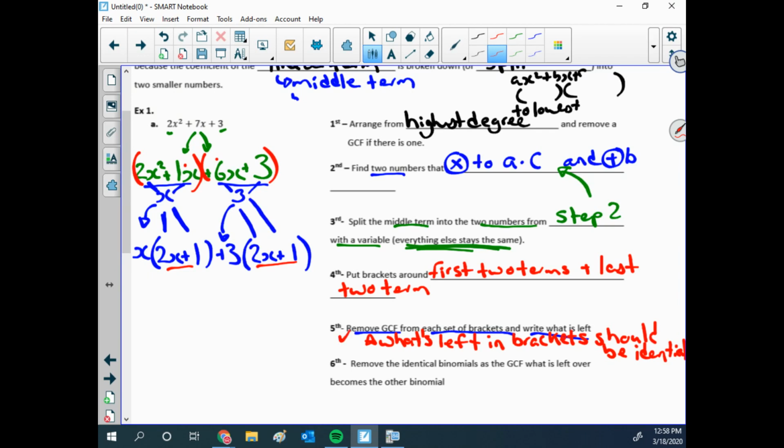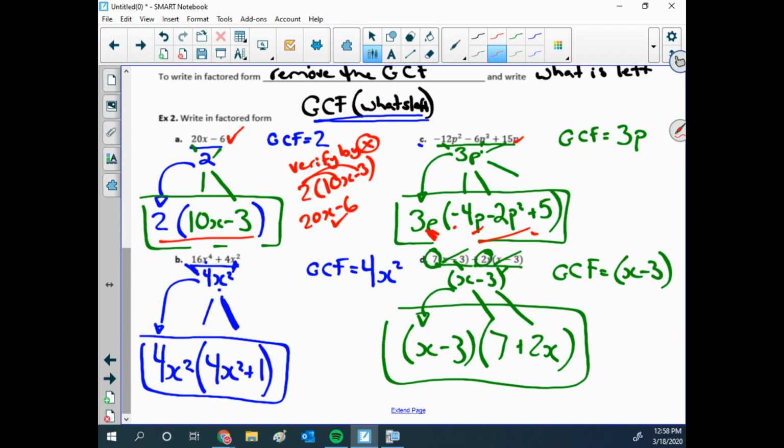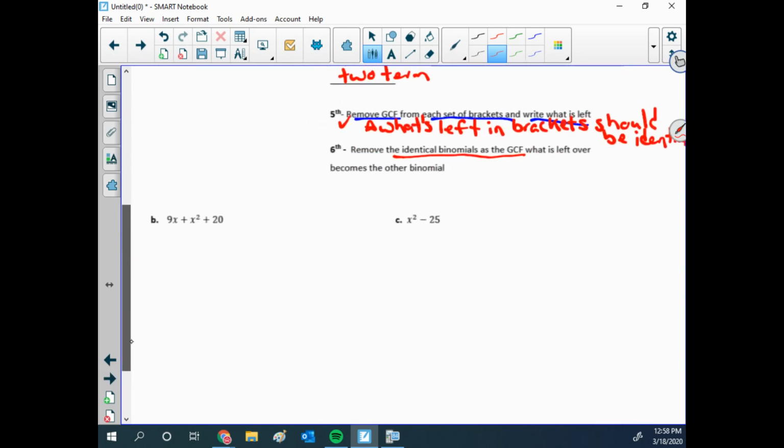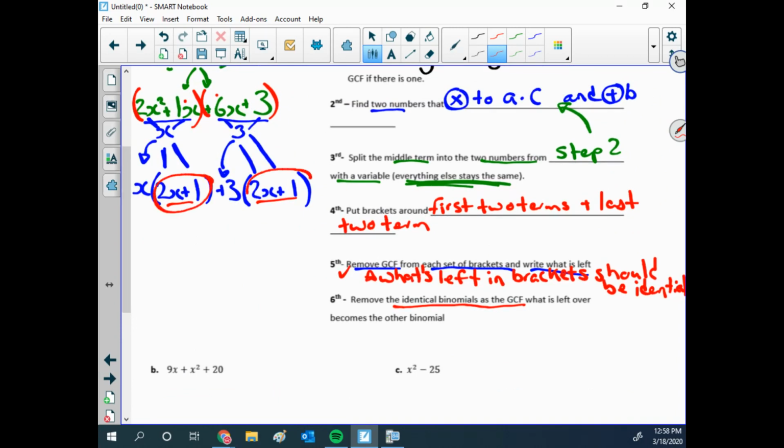So the next one says remove the identical binomial as the GCF, and what's left over becomes the other binomial. So essentially what I'm doing here is like I would have done in this question, where I remove out a binomial of x minus 3 in this case. So I'm removing these out as the GCF.